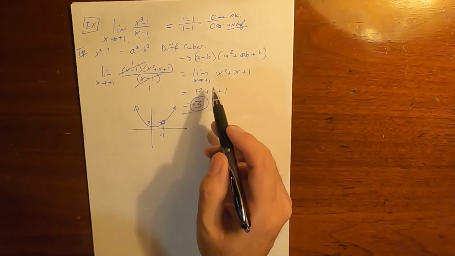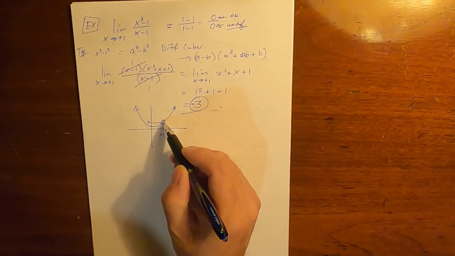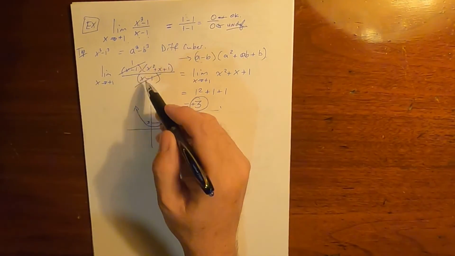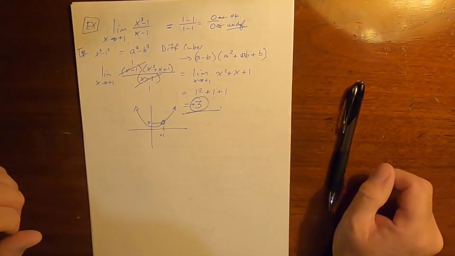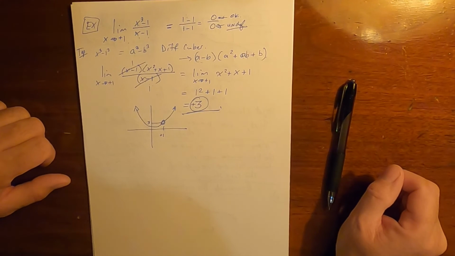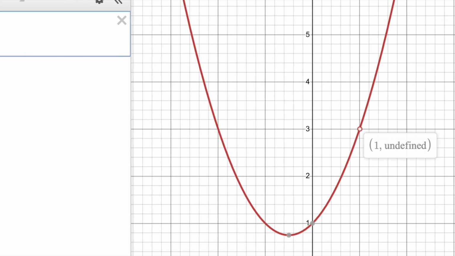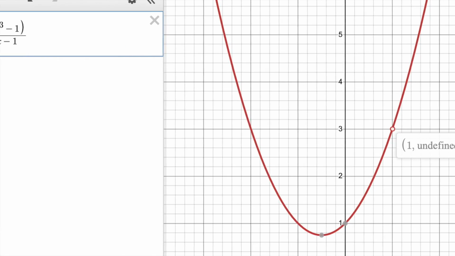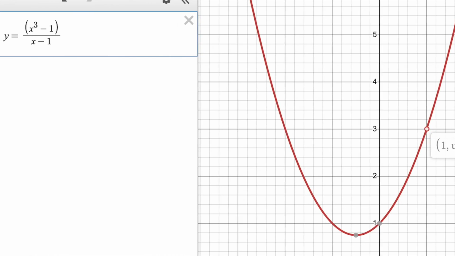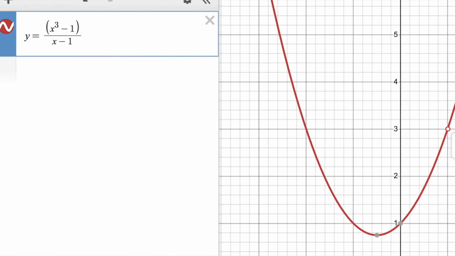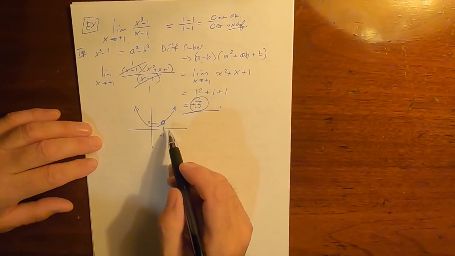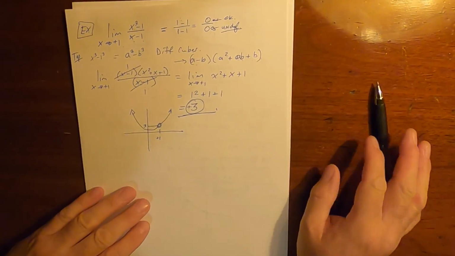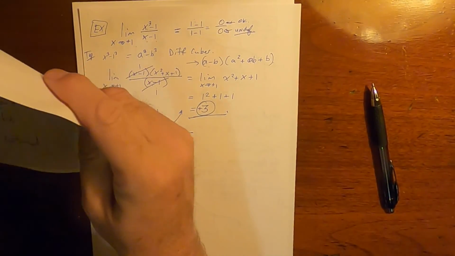I got the value that would have been there had this hole not been there. And this is called the removable discontinuity, or hole. And I actually evaluated the limit at that x value, which I couldn't have done prior to that.